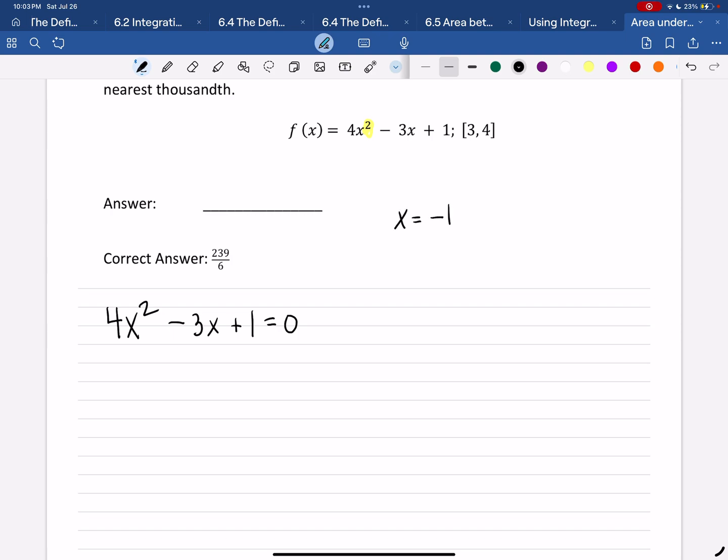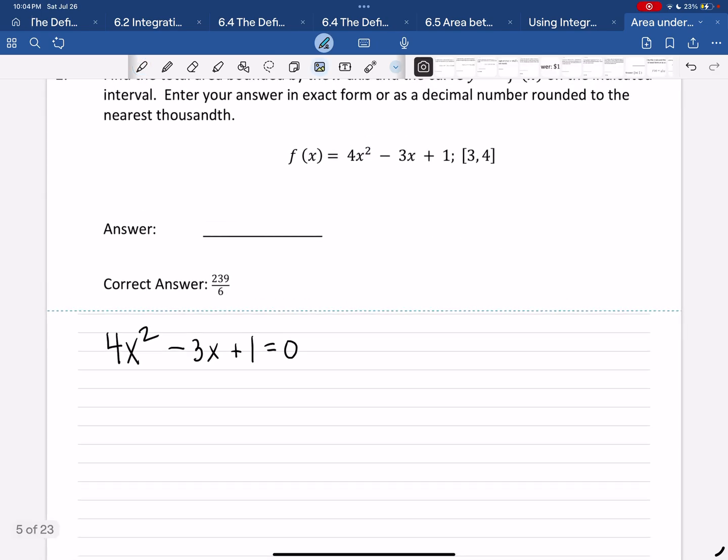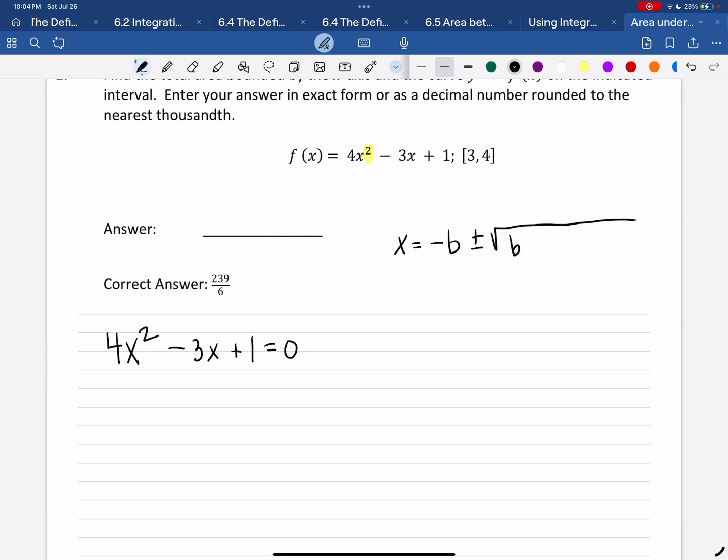So that's x equals the opposite of b, plus and minus the square root of b squared minus 4ac, all of that over 2a. And for us, a is 4, b is negative 3, and c is positive 1.